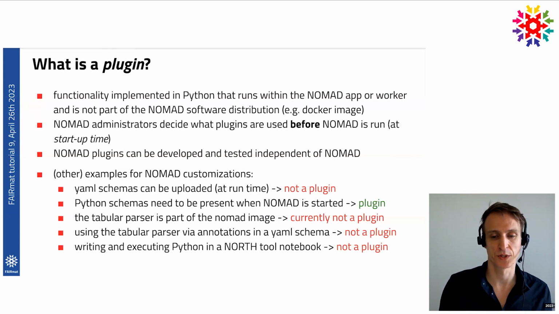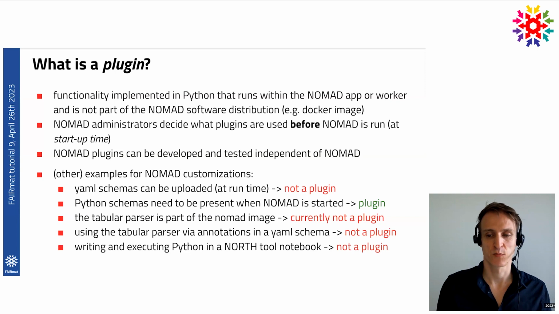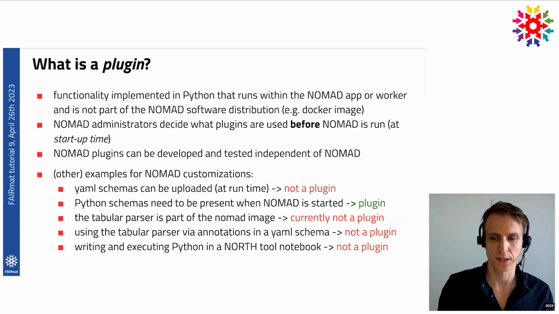It's just a part of the Nomad image, so there's no way for you to modify it. The existing parsers are basically determined by us. We put them into the Nomad image that is distributed, and then you are stuck with it. So they are not yet plugins, right?